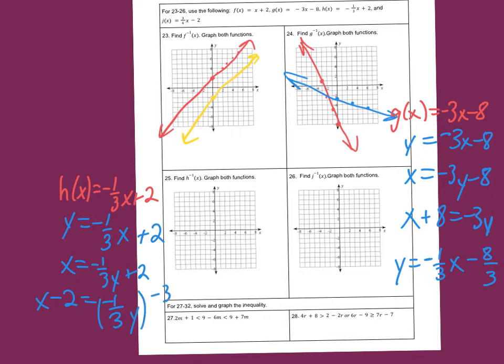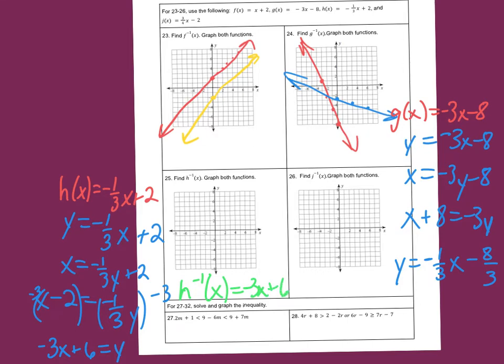Multiply by a -3 here. That's how I'm going to get rid of that -1/3. You could also divide by -1/3, but if you're not good at dividing fractions, don't do that. So this just becomes -3x plus 6 equals y. Okay, so that is basically just the same thing as h inverse of x is -3x plus 6.